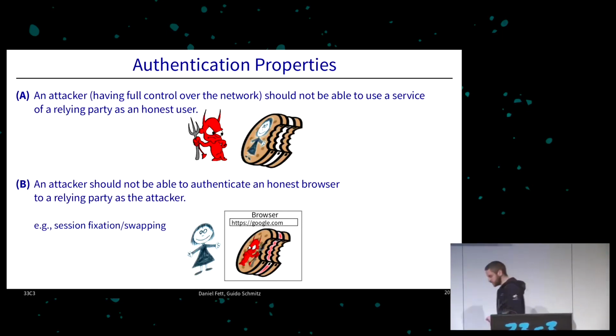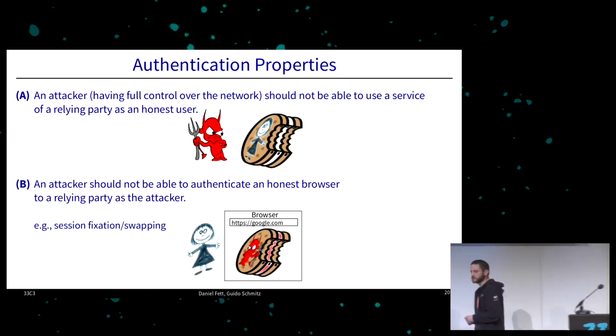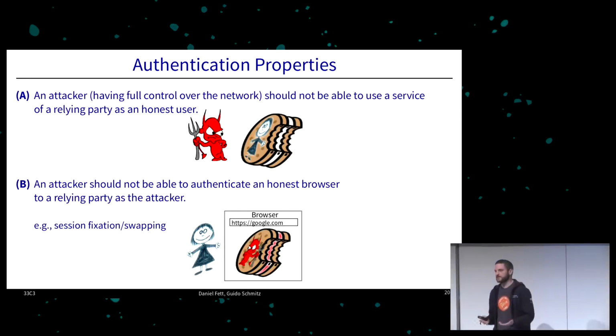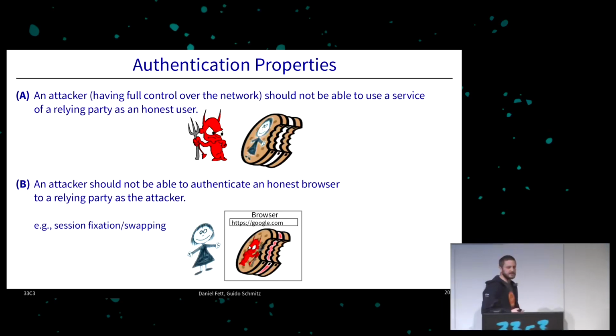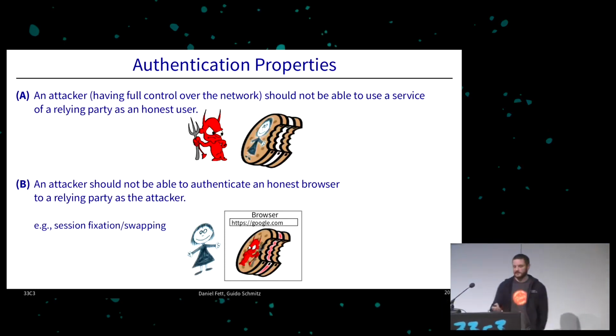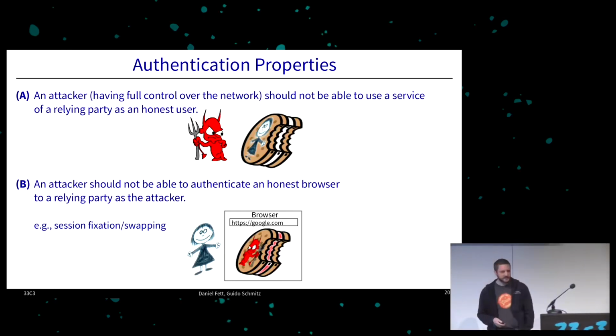This is a property that is often also called session fixation or session swapping, because if the attacker would be able to do this, he could, for example, force me to be logged in at some search engine. And if I then search something with the search engine and I'm logged in into the attacker's account, then the attacker could be able to read what I'm searching for at this search engine. Okay, so these are the authentication properties.